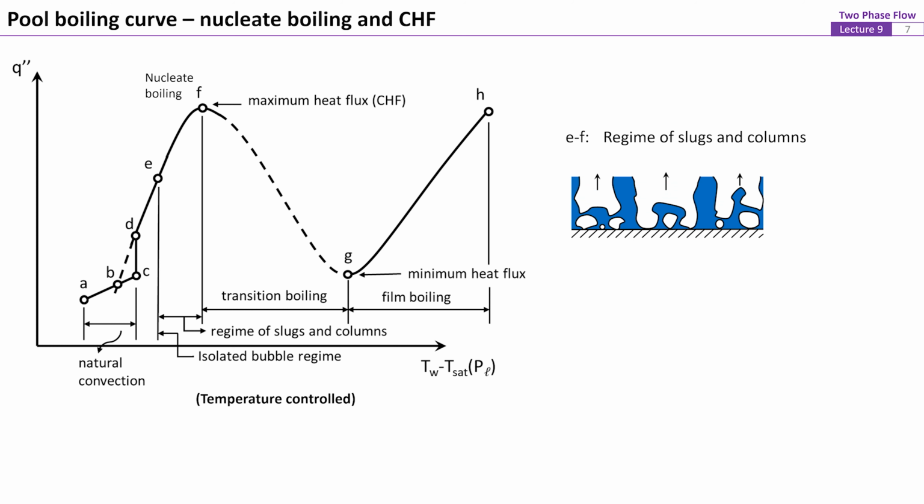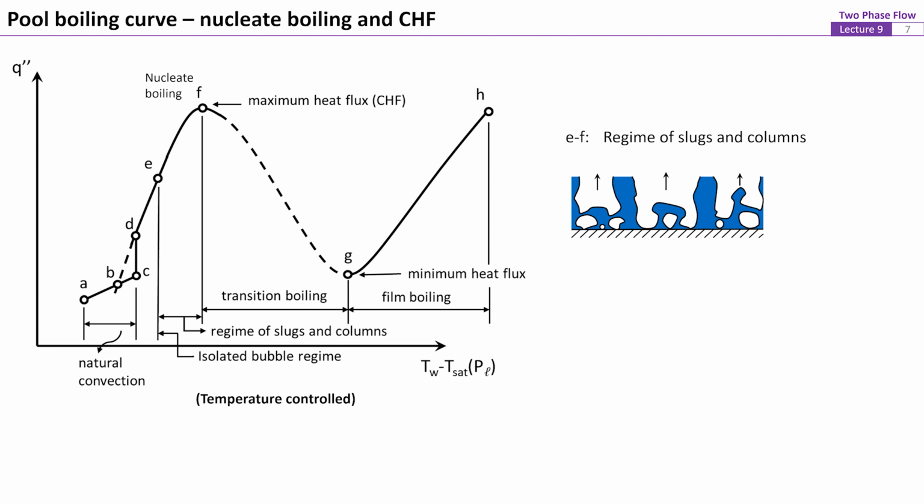If the surface superheat is further increased so that more active sites are available, bubble growth rate as well as departure frequency become high enough so that bubbles from adjacent active sites merge together upon release from the solid surface. This in turn makes vapor columns and slugs right above the hot surface.